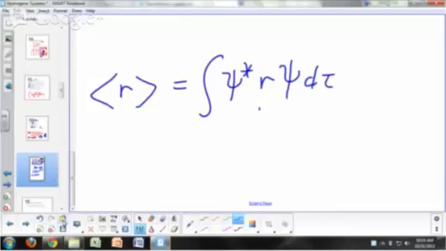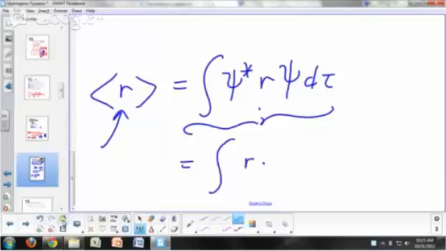You integrate over all possible space. Now, since the quantity you're calculating doesn't depend on theta and phi, you can just factor out all the thetas and phis from this integral, and you'll just end up with R times S of R dr from 0 to infinity.